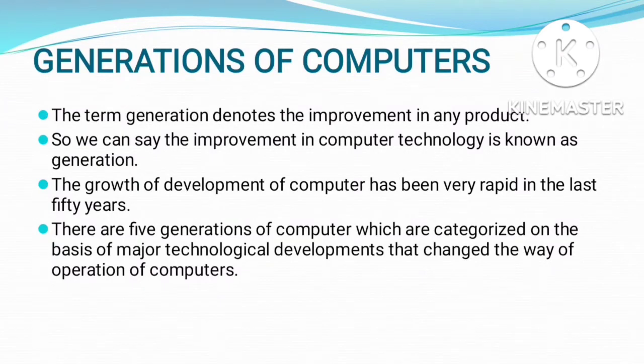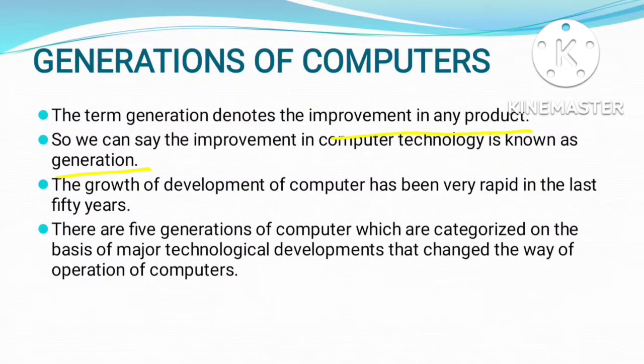Generations of computers. The term generation denotes the improvement of any product. We can say that the improvement in computer technology is known as the generation. I am giving you one example. Suppose you and your father, then your grandfather. We can say these are three generations, and from each generation we can see improvement.